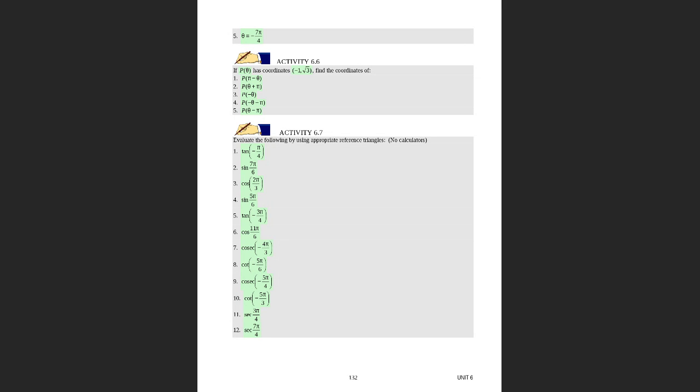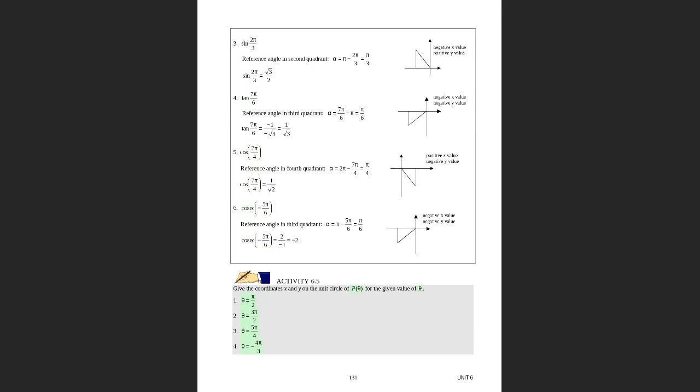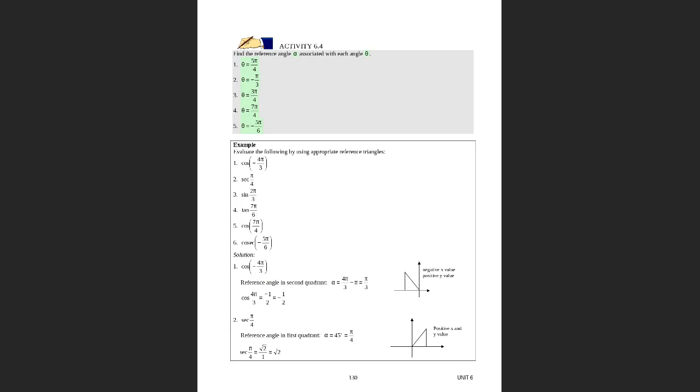So can you please do activity 6.5 and 6.6? Let me see 6.5.